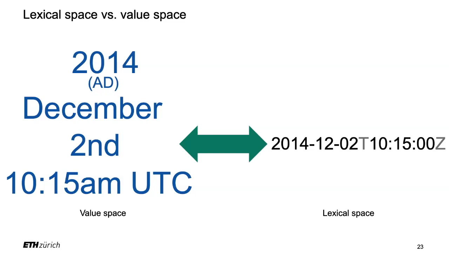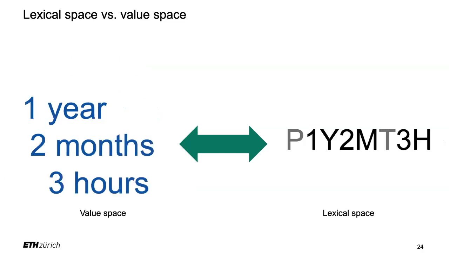Z is basically just to say GMT or UTC, and then you have also the possibility to define +2 hours for Zurich, -7 for Pacific time, and so on. All right. And durations, it seems complex, but it's really not. Look at the right, 1Y, that's 1 year, 2M, that's 2 months.